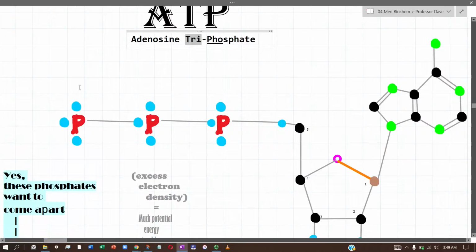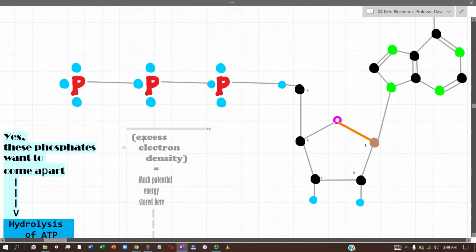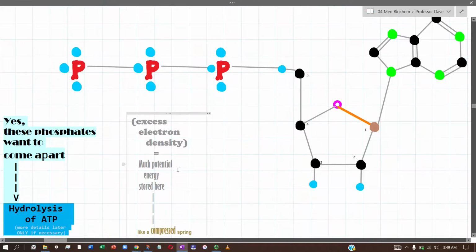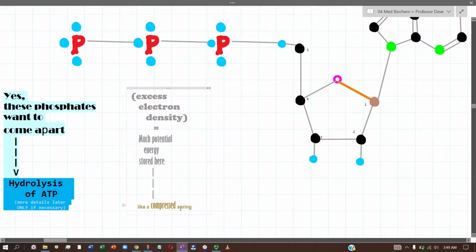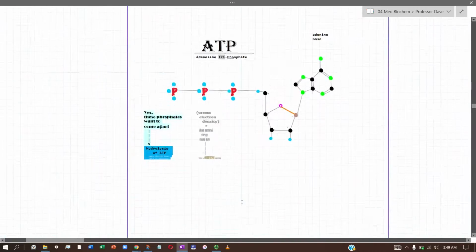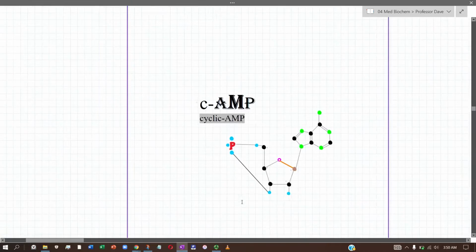All around these phosphates, all around this area, there exists an excess of electron density. That means there's a lot of potential energy stored here, similar to a spring that is compressed, all of that potential energy ready to be converted into kinetic energy.